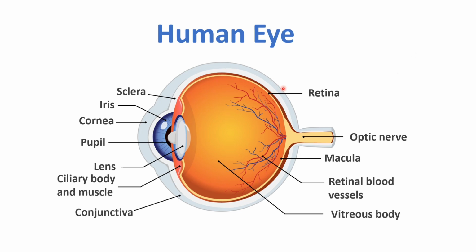So next, the retina. First we can see what the retina is. It is a delicate layer at the back of the eye. The image is formed on the retina. The retina contains various light sensitive cells.